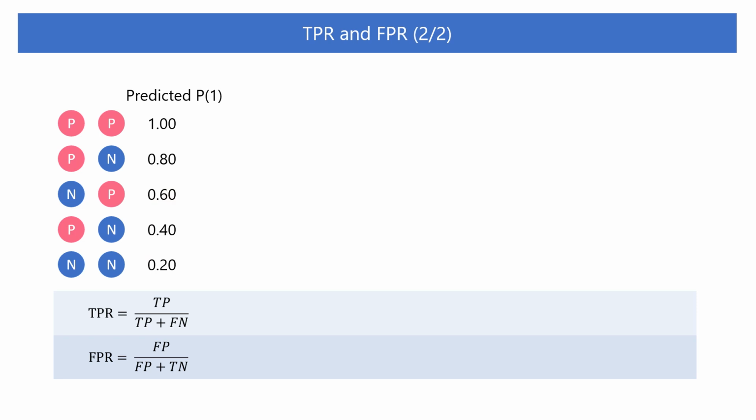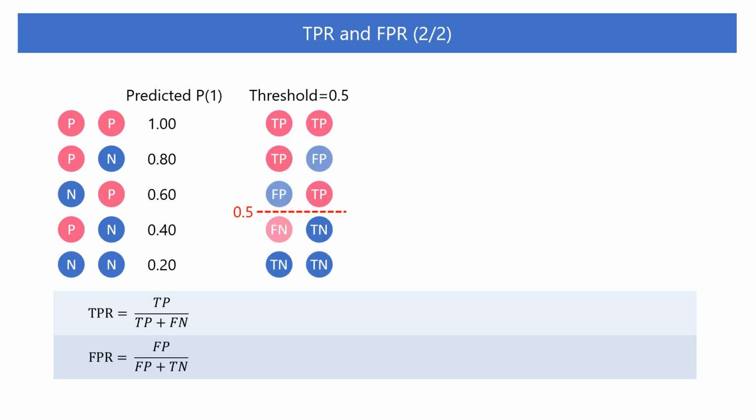Given this data and classification model, let us set the various thresholds that serve as the boundary between positive and negative classes. First, the threshold is set to 50%. Here, 6 data points are classified as positive and 4 as negative. Of the 5 actual positives depicted by the red dots, 4 are classified as positive.